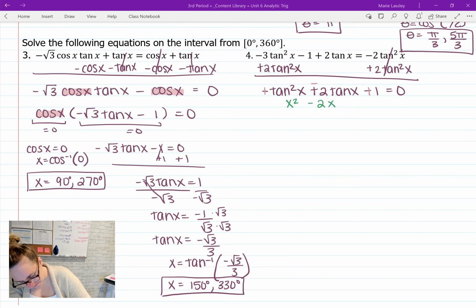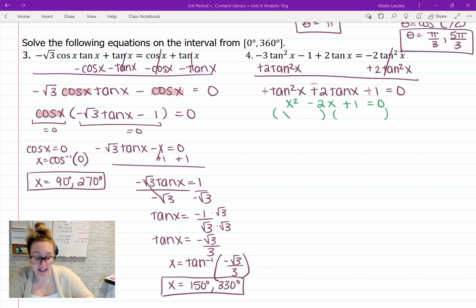So now for this one, we are looking for two numbers that multiply to +1 and add to -2. So that's going to be x minus 1 and x minus 1. I'm going to go back and put my tangents where I had the x's.